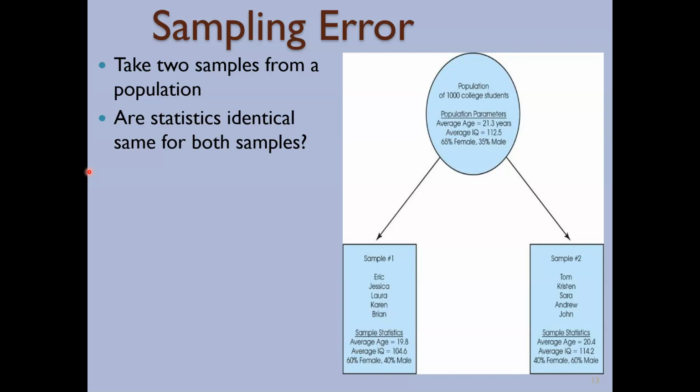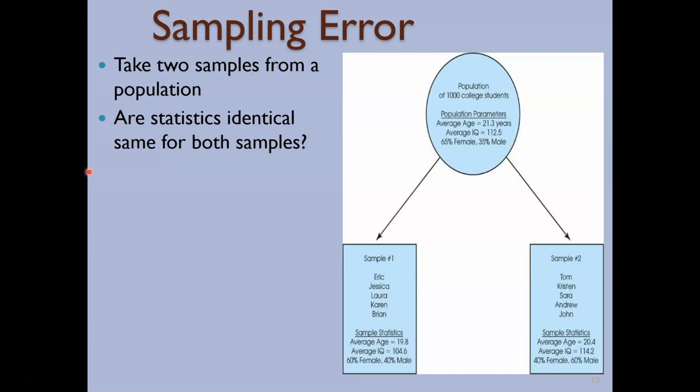Now let's look at the sex ratio: 65 to 35 in the population, right? In sample 1, 60-40. In sample 2, it's completely the opposite. Sample 1 has more girls and sample 2 has more boys, but the population has more girls.